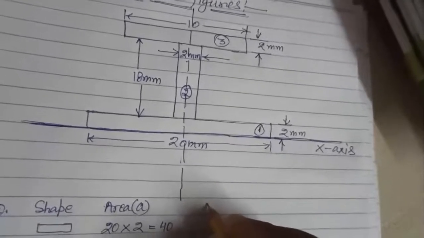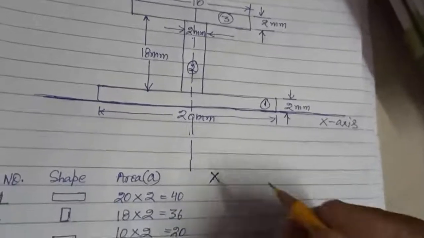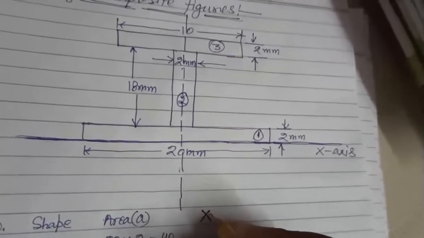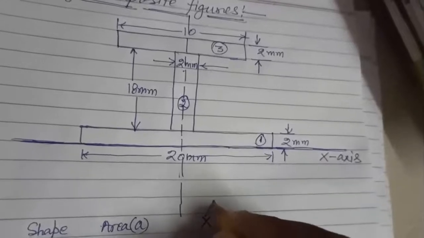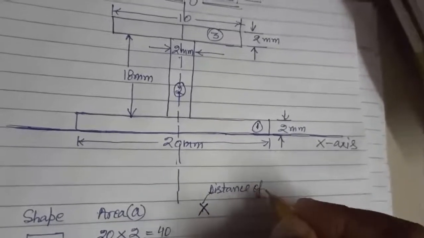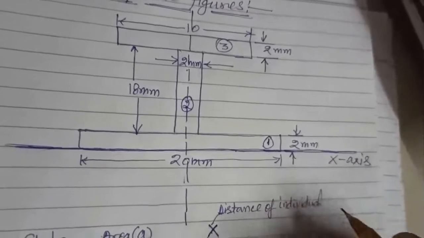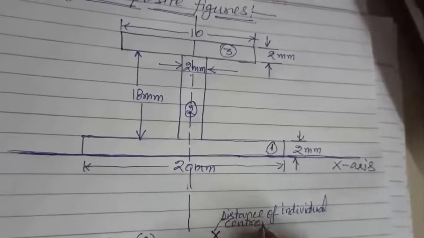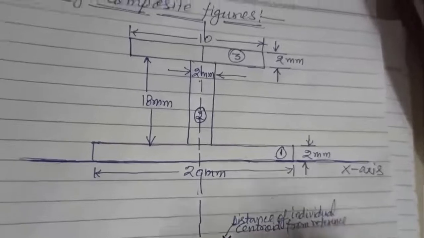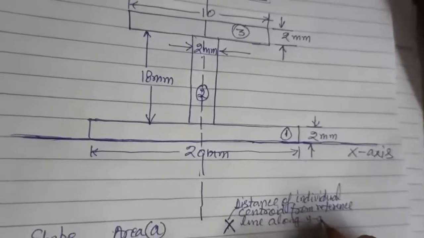Now the distance x. What is this x? This x is the distance of the individual centroid from the reference line along the y-axis.